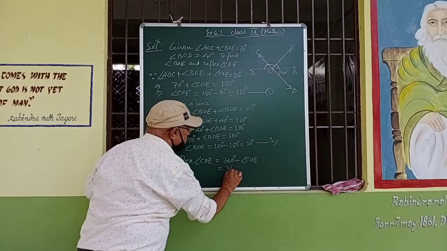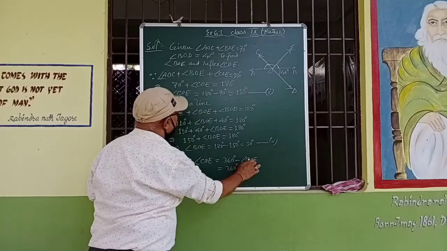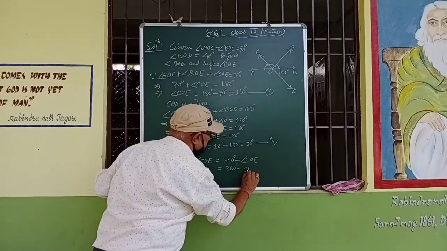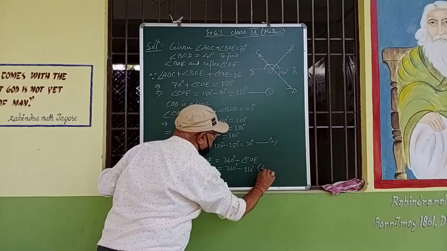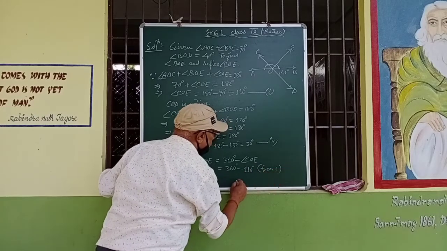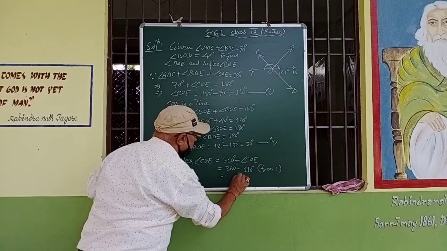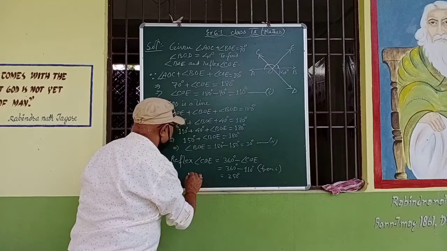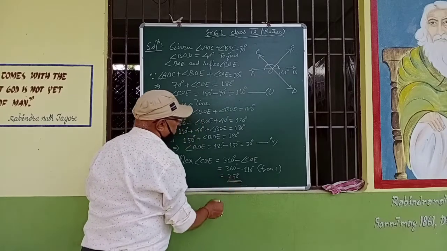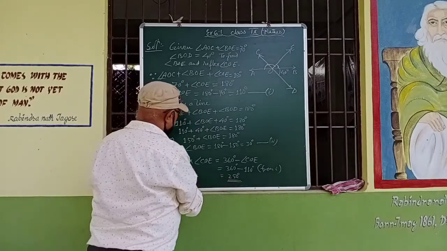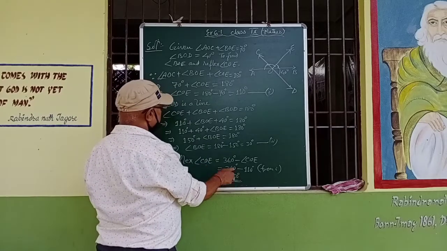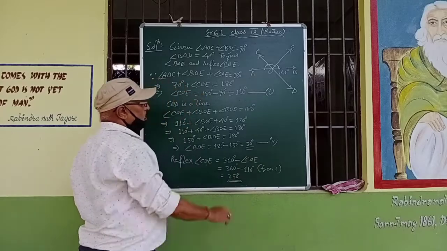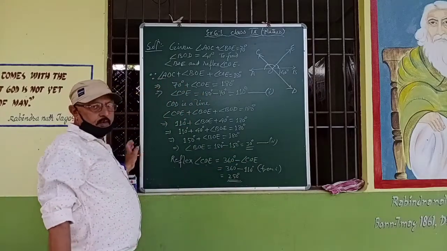So it will be 360 minus COE, we got 110 from 1, 250 degree, it is reflex COE. So our answer is reflex COE is 250 and angle BOE is 30, sorry, this one.